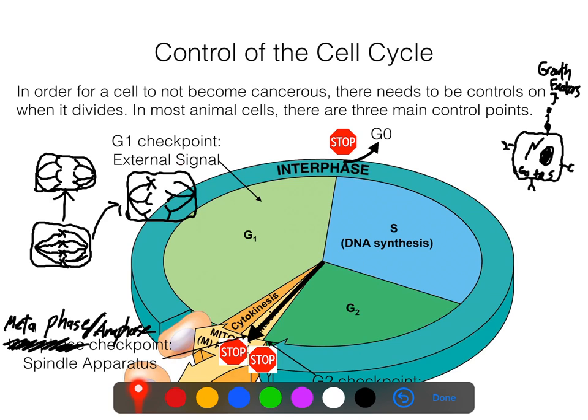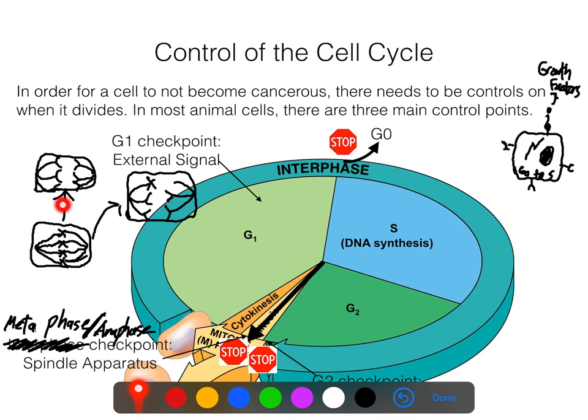So before you can proceed from metaphase to anaphase, there's a checkpoint that checks to see that each spindle line is hooked up properly to the chromosomes. Again, this isn't perfect. Non-disjunctions can still happen. But the fact that there is this checkpoint where you check your safety wires to make sure that everything is hooked up properly means that these sorts of non-disjunctions are very, very rare.